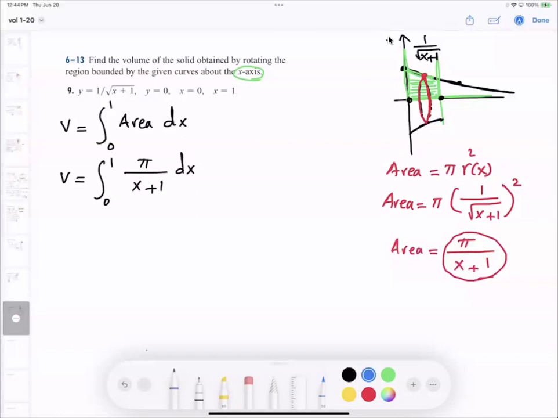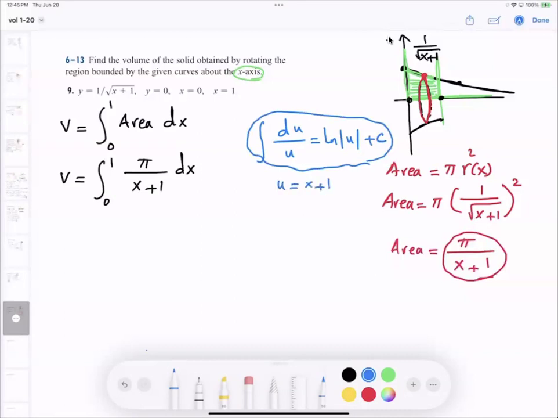Remember that if you have the integral of du divided by u, it is ln of the absolute value of u plus c. Your u in this case is x plus 1. So this can be written as pi ln of the absolute value of x plus 1, and x ranges between 0 to 1.